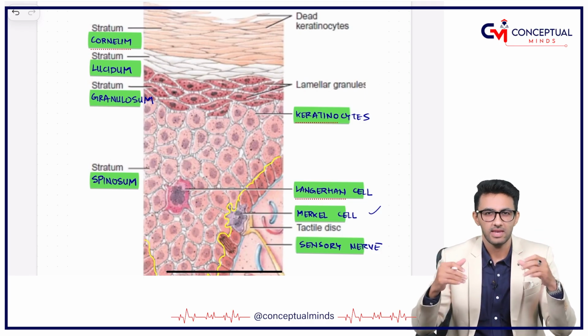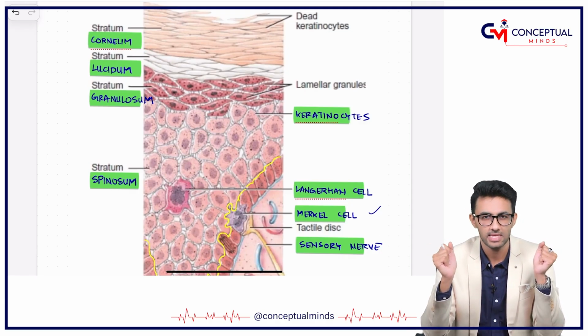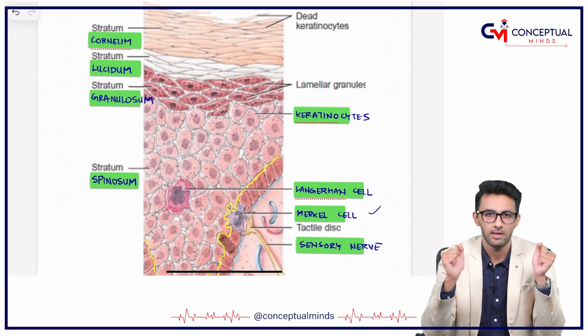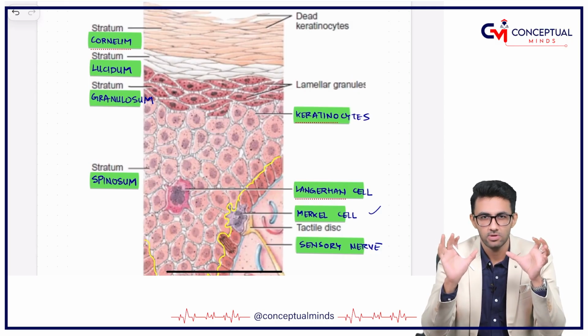Because of that, if there were any pathologies, on one side there was ichthyosis vulgaris, and on the other side it was eczema. The reason I am repeating this is that when you hear the name of the layer, you should automatically have at least these two differentials in mind.